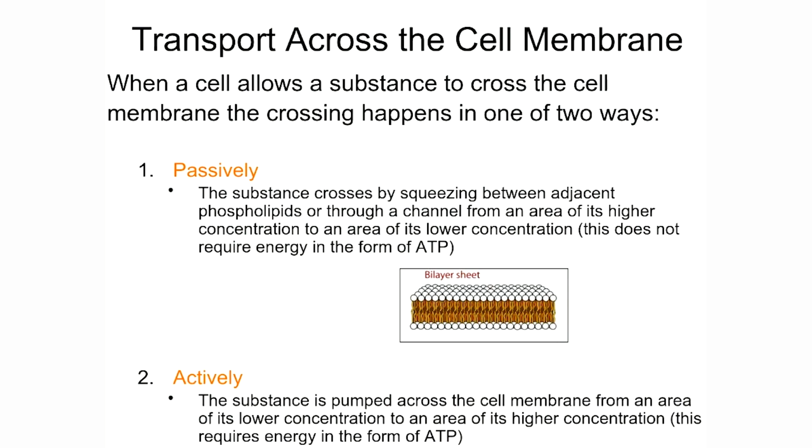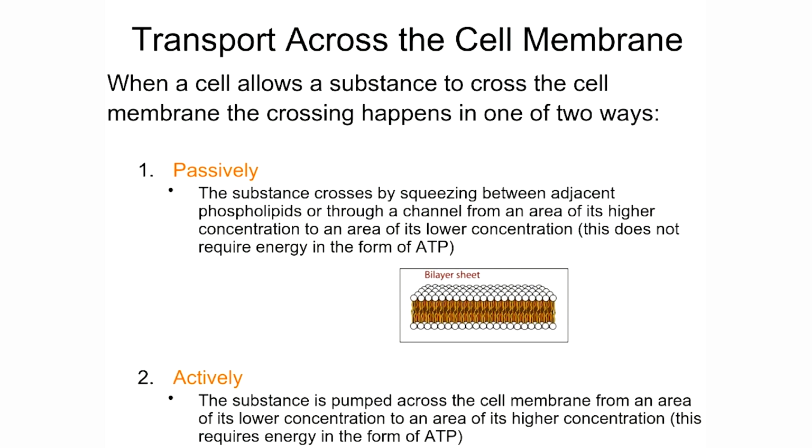And the reason that it has to be pumped is because the substance is moving from an area of its lower concentration to an area of its higher concentration. Another thing that you should definitely know about active transport is that this means that energy is required in order to be able to power those pumps. And this energy that's being used by the cell to power the pumps is energy in the form of ATP.